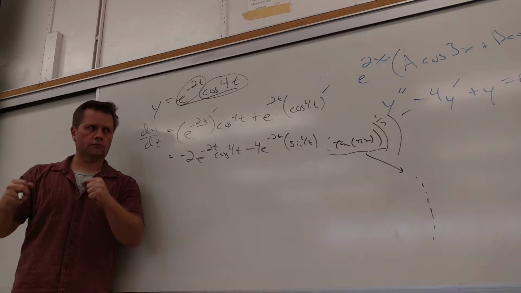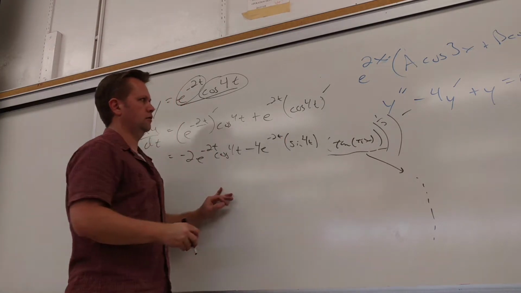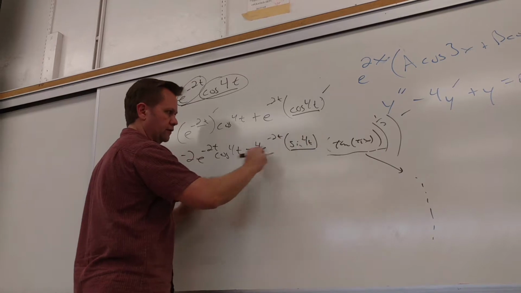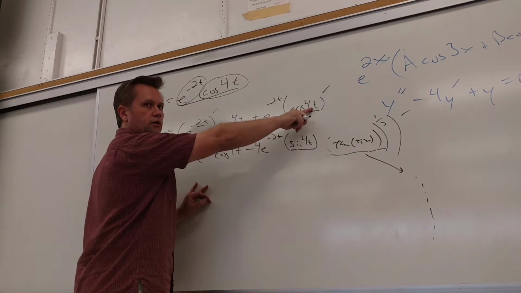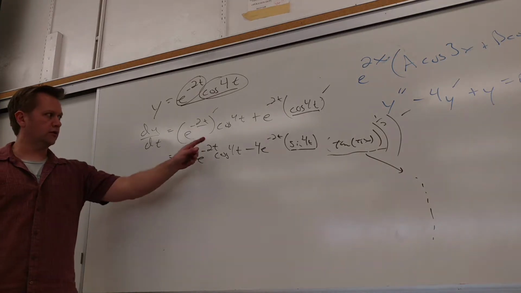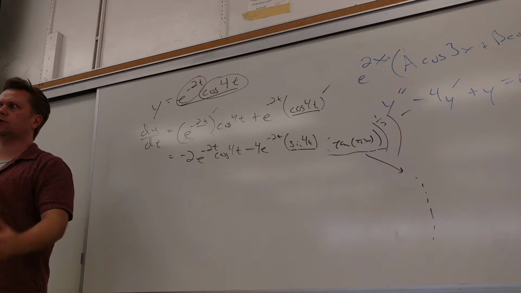The derivative of cosine 4t is negative sine 4t, but times the derivative of the inside, which is 4. Same way the derivative of that other inside is -2. Same reason. They're both linear, so you can see their slopes.